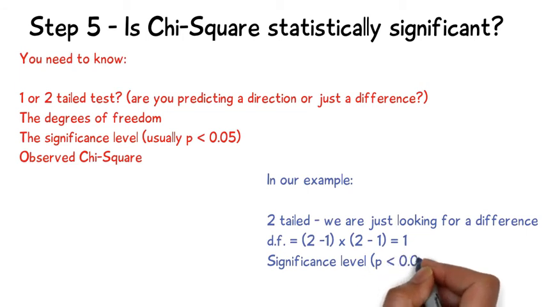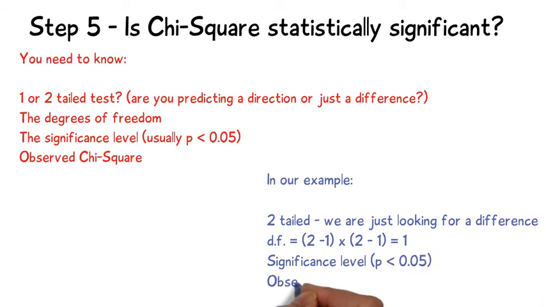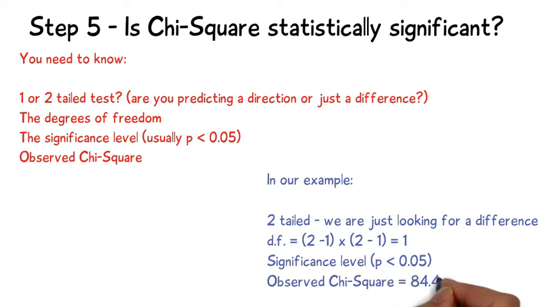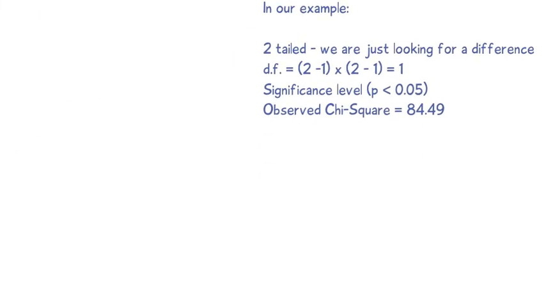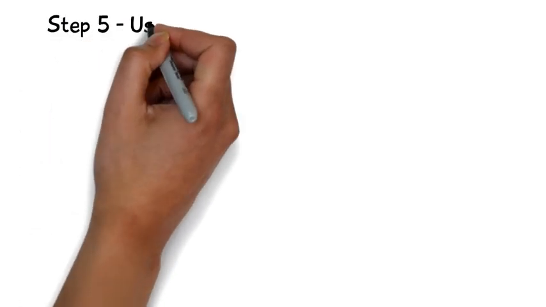We just take the standard one in psychology. And our observed value of chi-squared is equal to 84.49. So we've got everything we need here to look things up. So that's actually complete step 5.